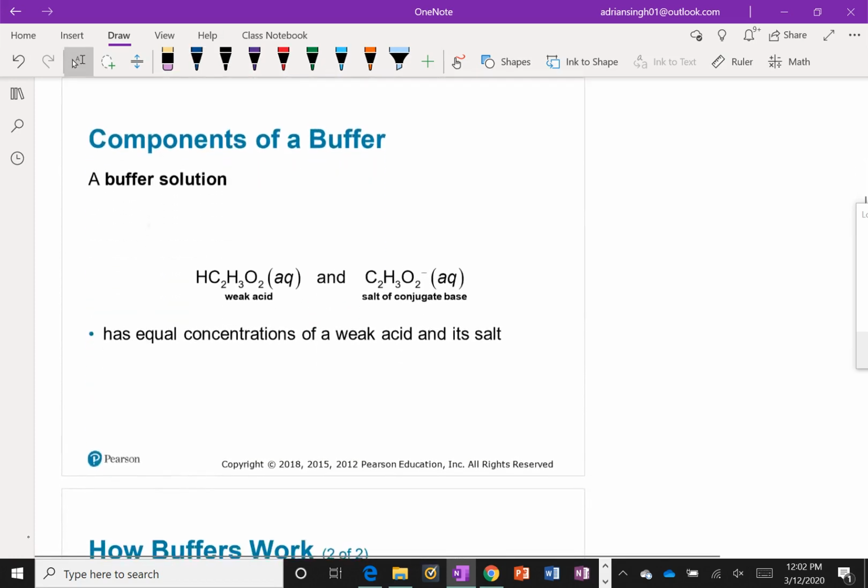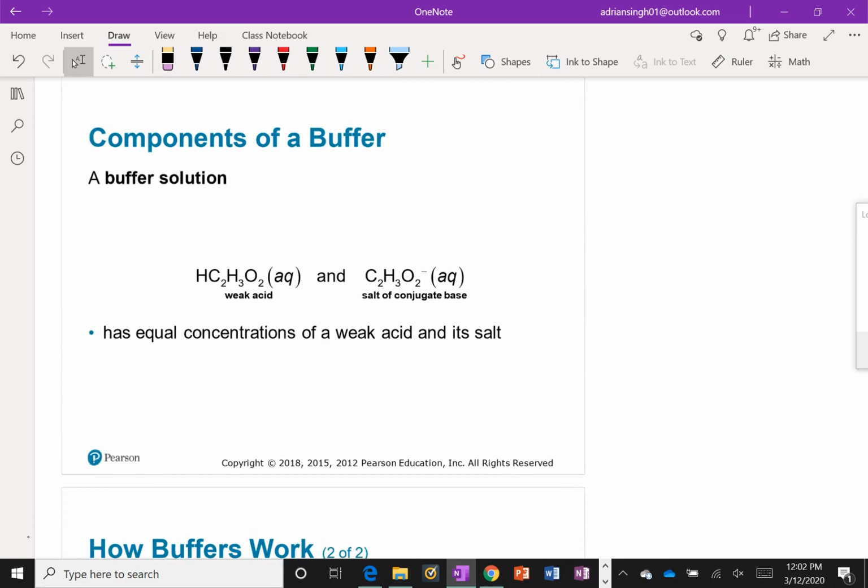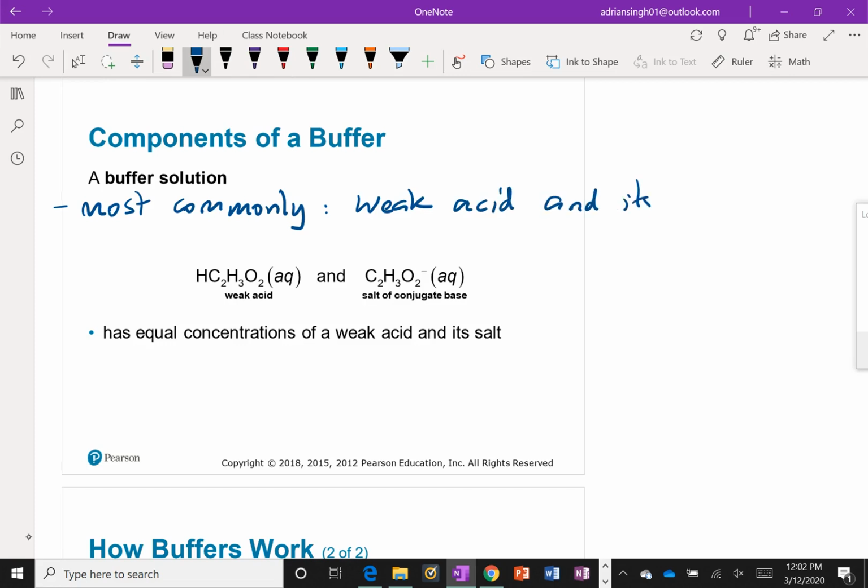So what are buffers actually made up of? Well, most commonly, buffers are made from a weak acid and its conjugate base.